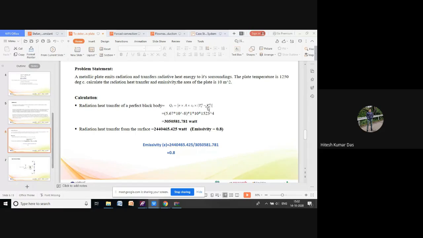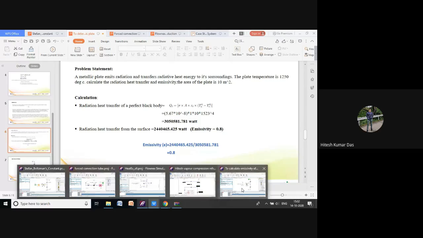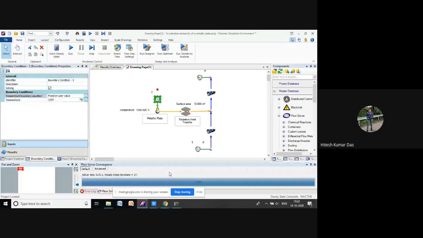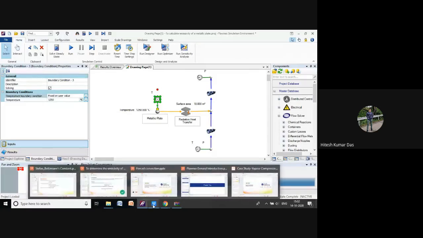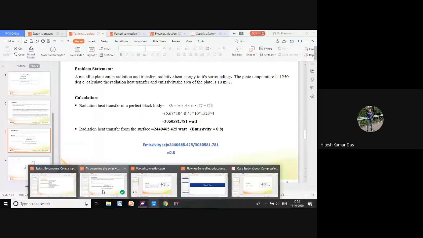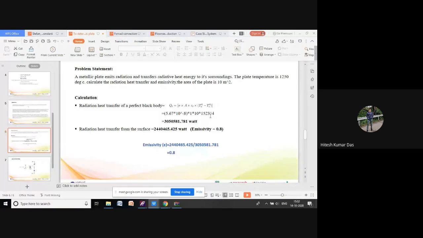Then the temperature to the power 4: we have assigned 1250, so by adding 273 we get 1523 to the power 4. By this formula we are getting 581.781 watt. This is for the black body.